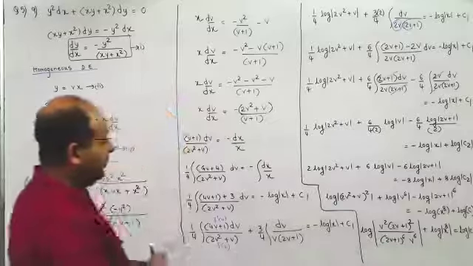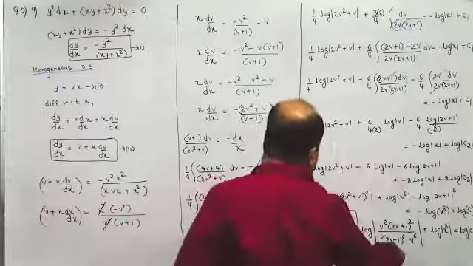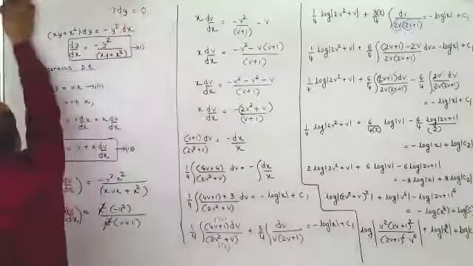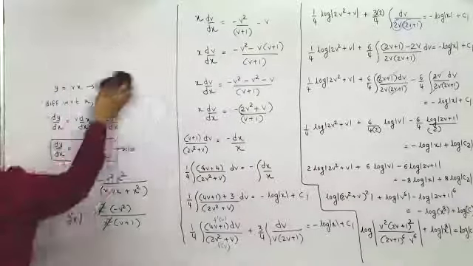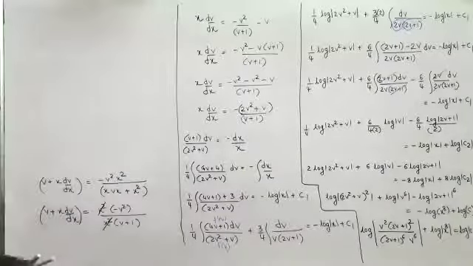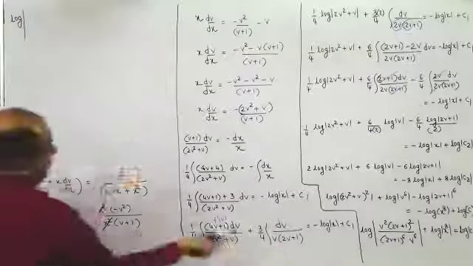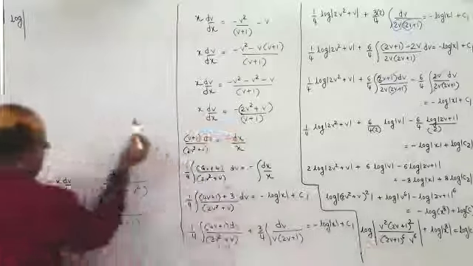Now here, this is 2v plus 1 square, this is 2v plus 1 raised to 6. So this would become log of that, v square and v raised to 6 would get cancelled.